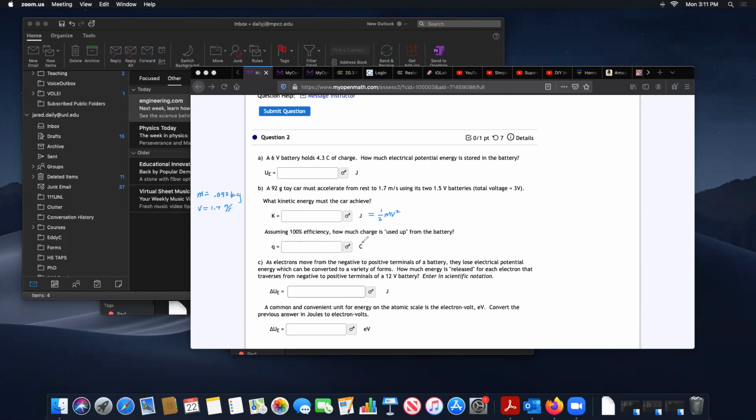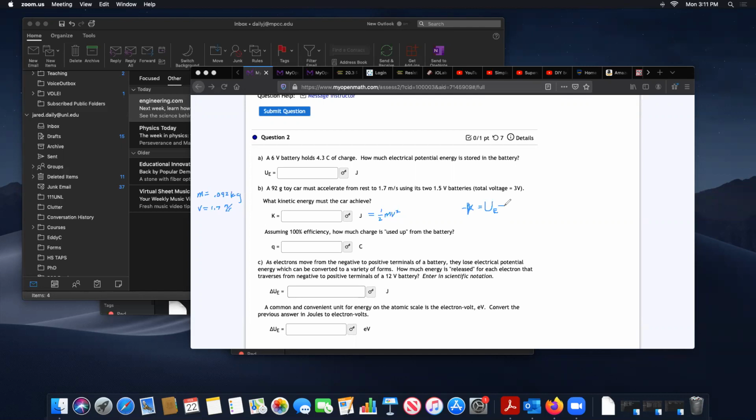Assuming 100% efficiency, how much charge is used up from the battery? Well, potential energy, electrical potential energy, is going to be equal to negative the kinetic energy. And I don't think they actually care about the negative sign in this. I think they just want to know the numbers here.